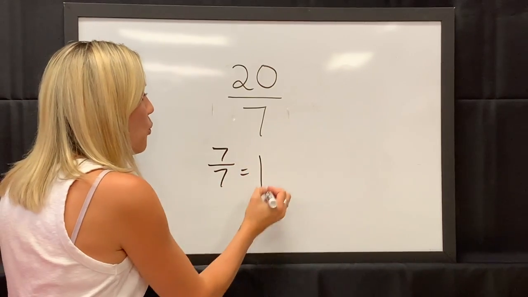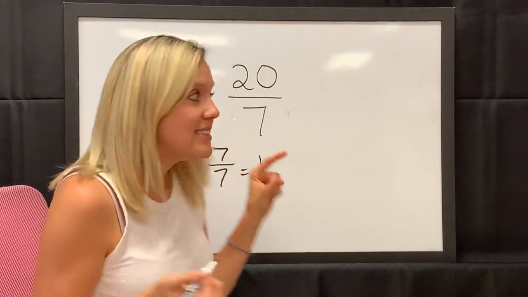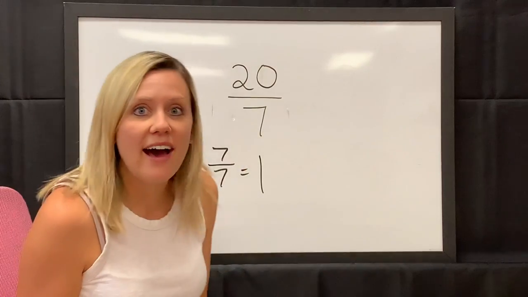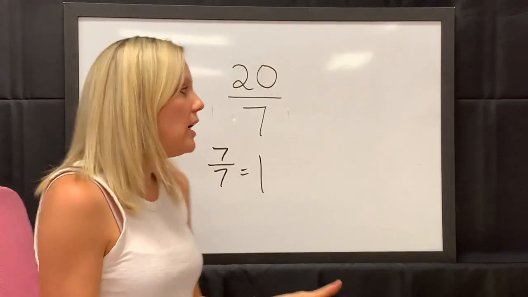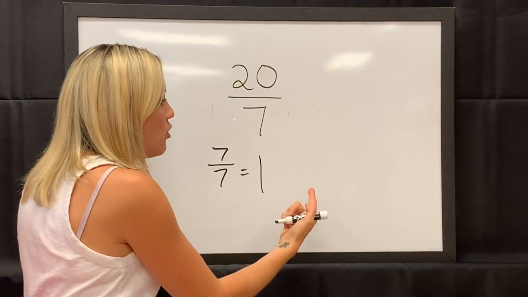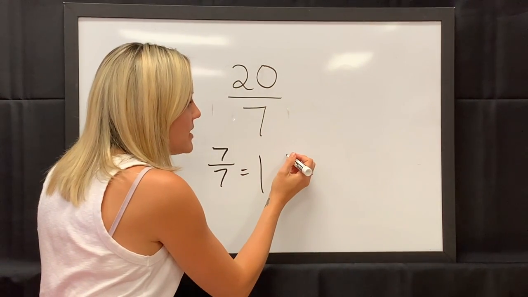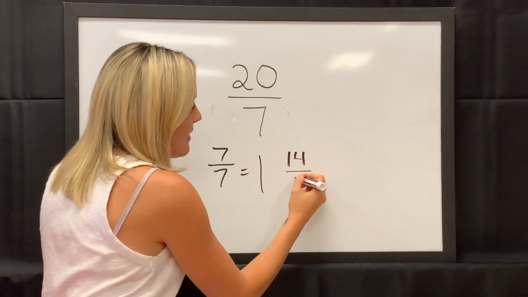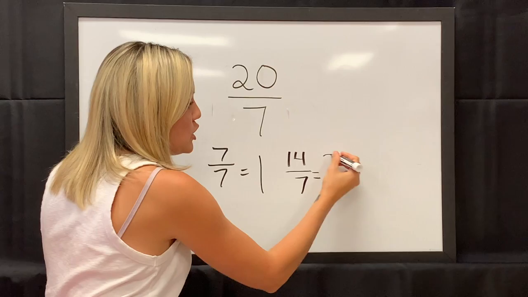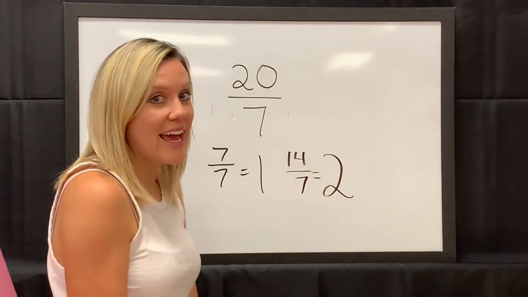7/7 equals 1. So how many 7/7 do we have inside of 27/7? Well, to make another whole, we would need another 7/7, which would be 14/7. That would give us 2 wholes, okay?